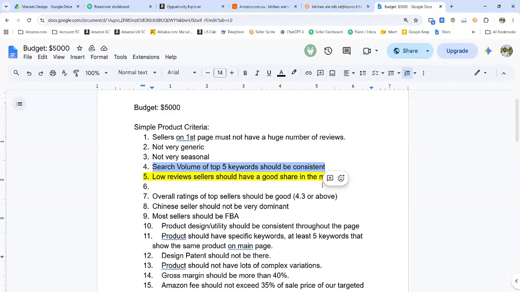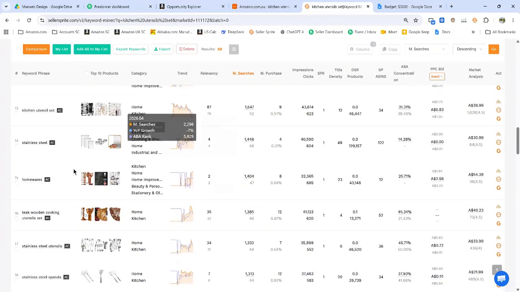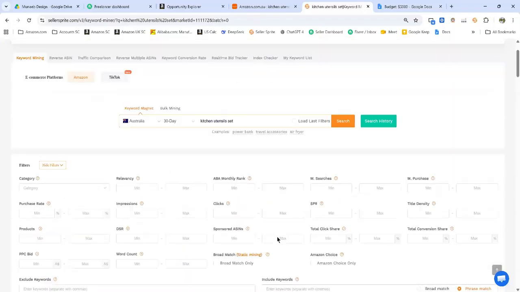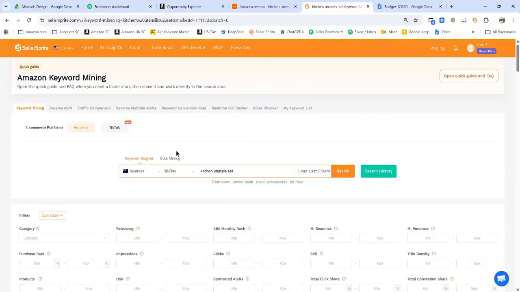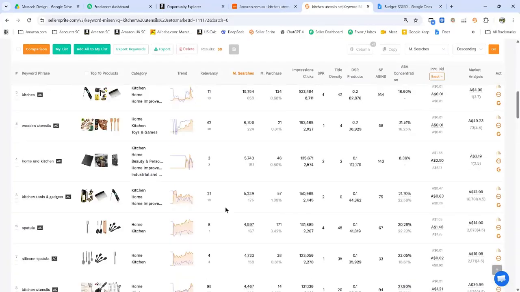But overall, we know the keyword depth as well. The product should have a very good keyword depth. As you can see in this case, there are lots of keywords and the keywords are healthy. So that's what we mean by keyword consistency, search volume consistency. We just search the product, any relevant keyword, and Seller Sprite gives us all the related keywords here.